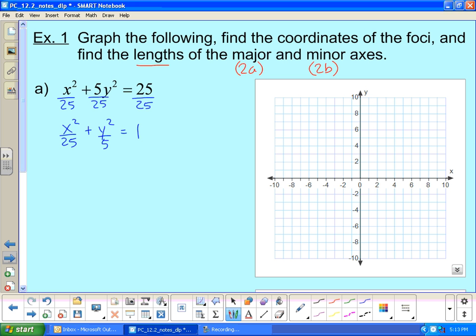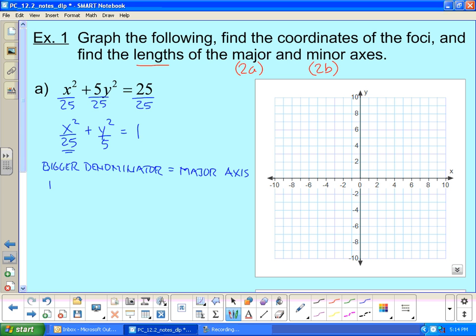All right, how do I know what the major axis is and what the minor axis is? Look for the bigger number. The bigger denominator is your major axis. And we got a 25. So the 25 is hanging out with the X squared.